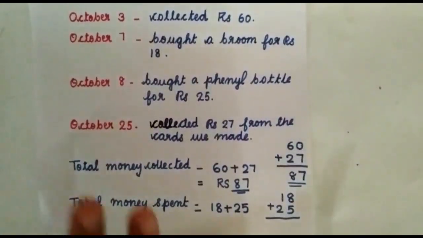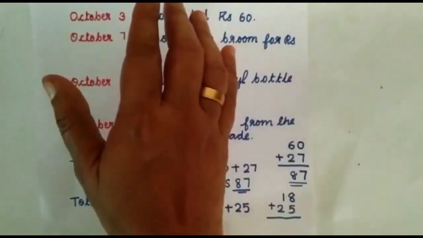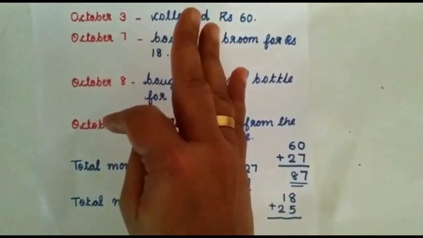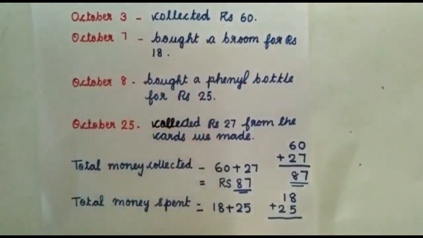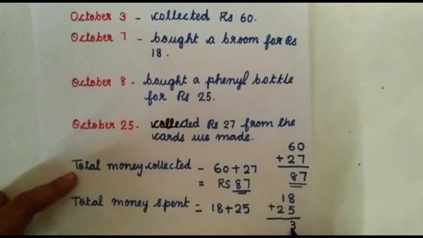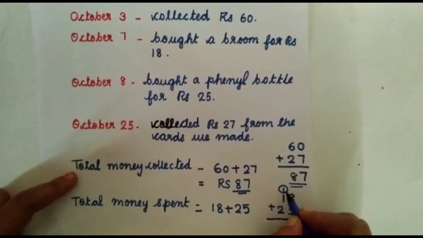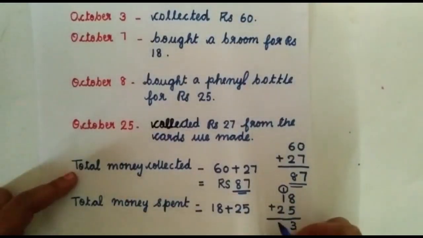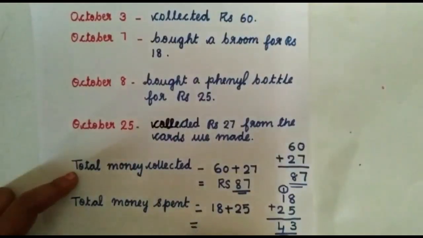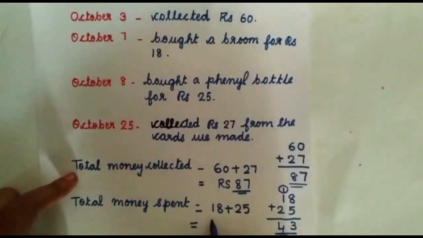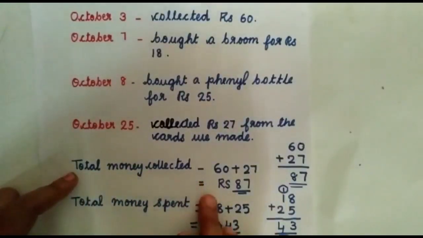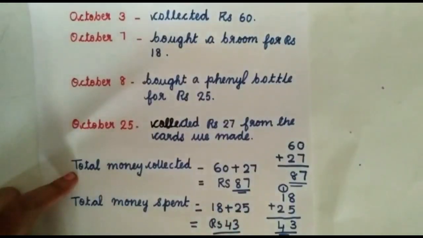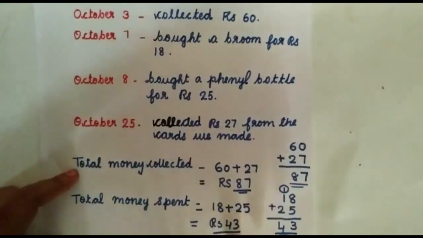Keep 8 in your mind and 5 in your hand. 8, after that 9, 10, 11, 12, 13. 1 is carry over. 1 plus 1 is 2. 2 plus 2 is 4. So total money spent is rupees 43. So total money collected is rupees 87 and total money spent is rupees 43.